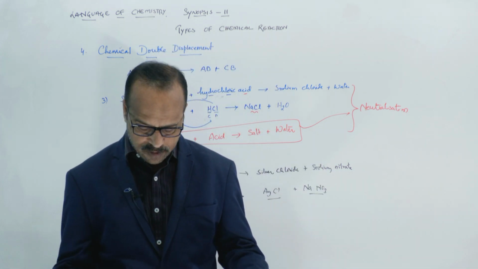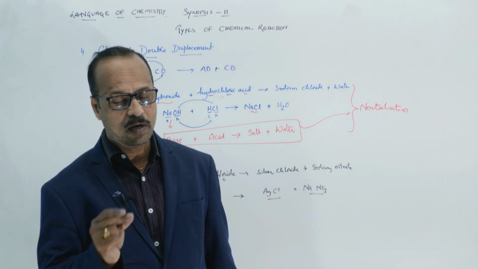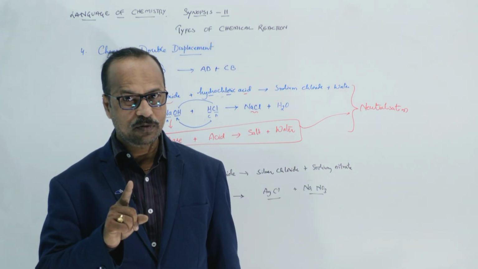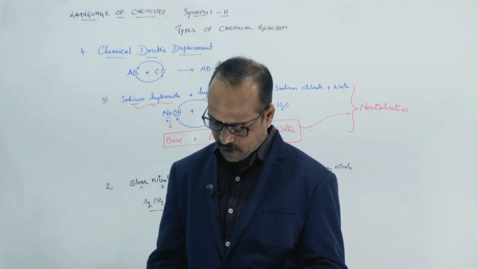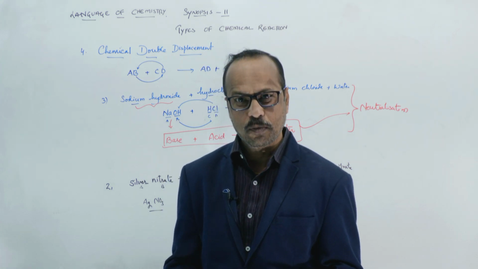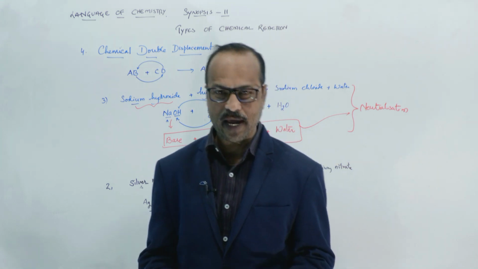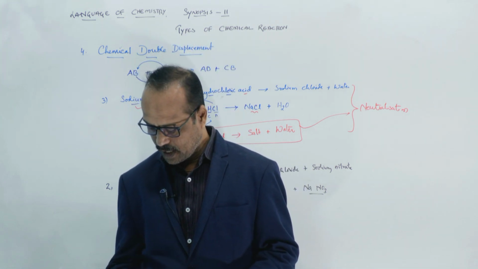Fifth one, 2KClO3. K is potassium, ClO3 is chlorate, so potassium chlorate on heating decomposes into potassium chloride and oxygen. One reactant, again two products, so again it is chemical decomposition.